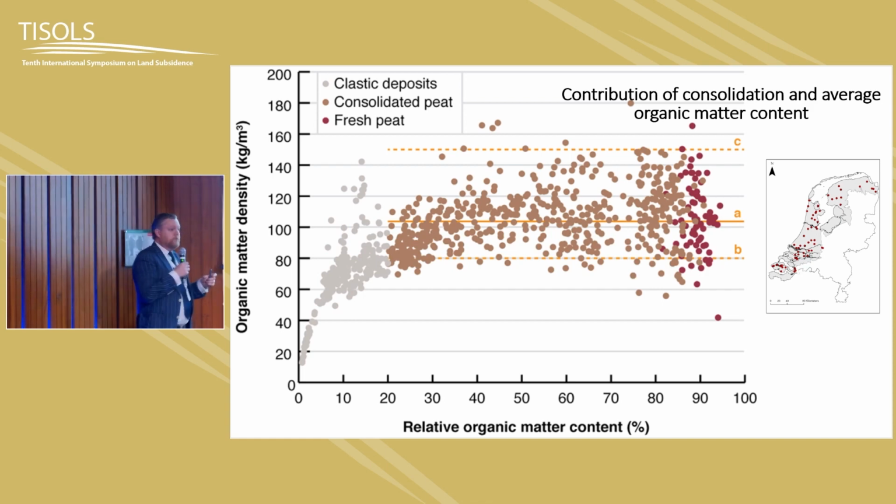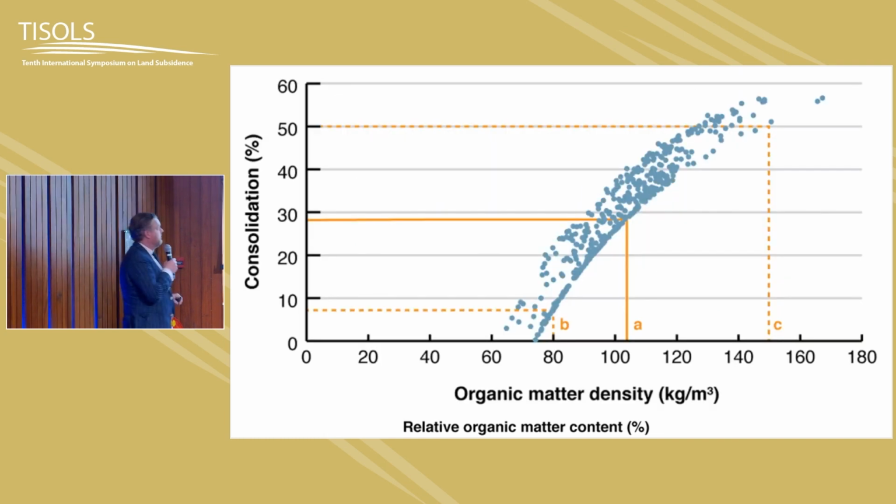So we solved the problem here of going from volume to mass. But the next step is that we need to understand how much compaction happened here. We can also use these samples with this organic matter density to compare them with a very easy compaction model for freshly formed peat. And then we get this figure here. It shows the organic matter density now on the horizontal axis. It used to be on the vertical axis, but now it's on the horizontal axis.